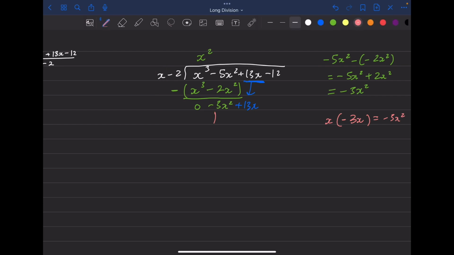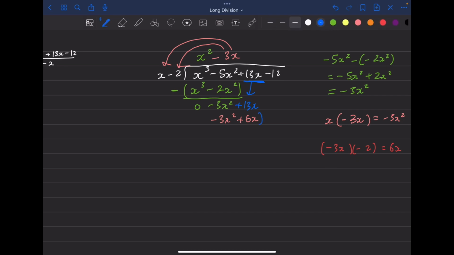But yeah, so from here, let's write negative 3x on top, because that was our answer. So negative 3x, and then negative 3x times x is negative 3x squared. And then negative 3x times negative 2 is positive 6x. I'm going to write it on the side again, but negative 3x times negative 2 is equal to 6x, because two negatives make a positive.